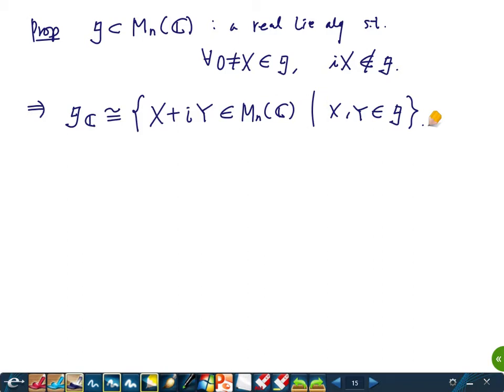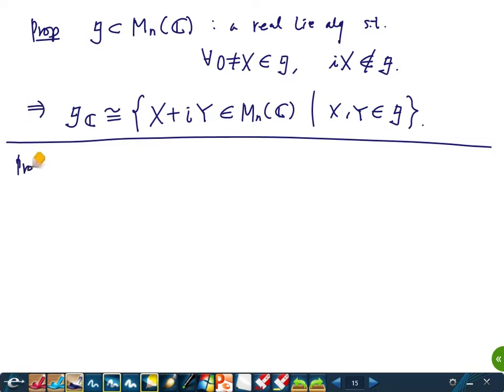So if you use this proposition, we can compute, or we can understand the complexification of the examples that we usually see, these common examples. So for example, GL(n, R) complexification is isomorphic to GL(n, C).